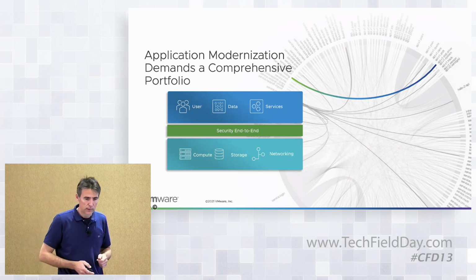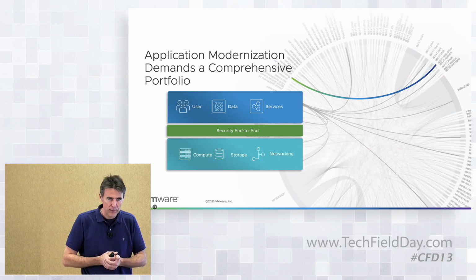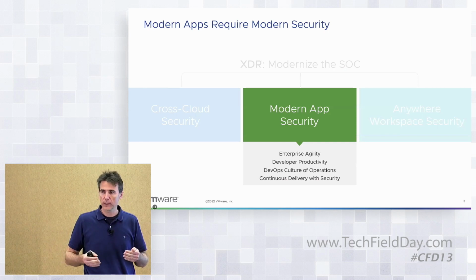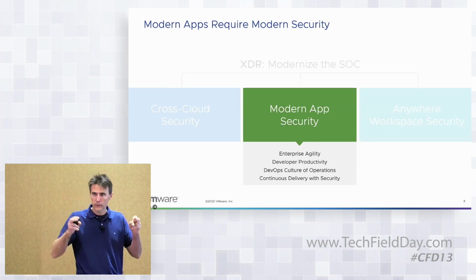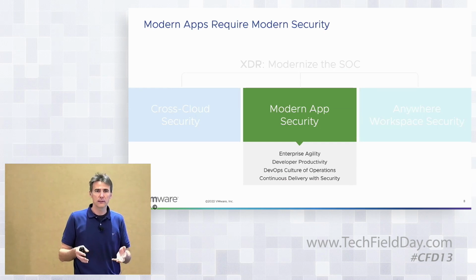Excellent, thank you. Okay, so now if we get into modern app security, why does it matter? And you're going to see that I keep going again and again, top down, top down, top down. In reality, security doesn't matter, because if we do it in the abstract, what am I securing?